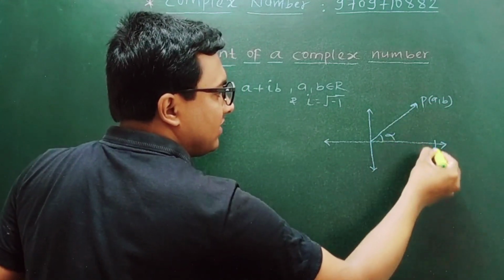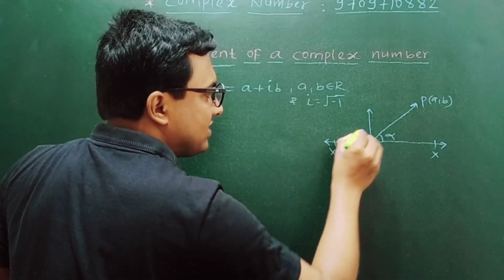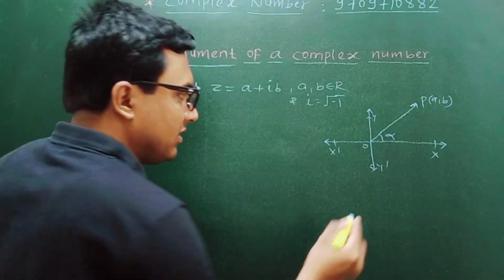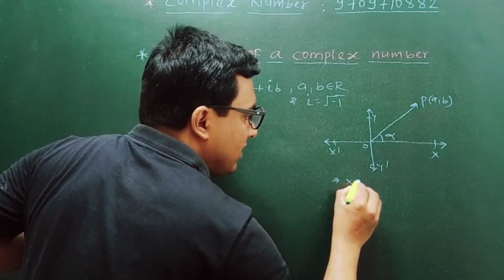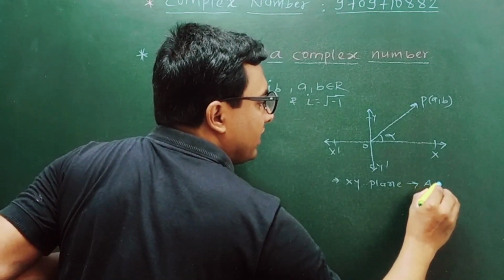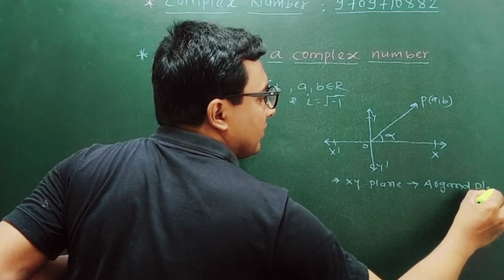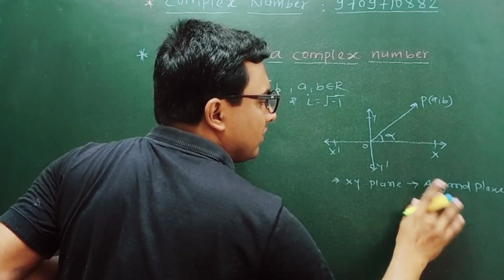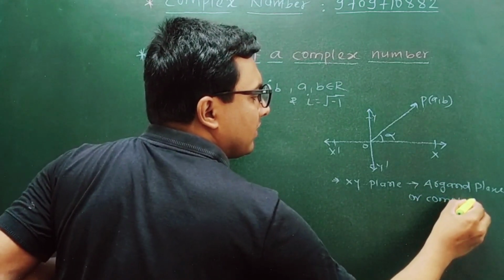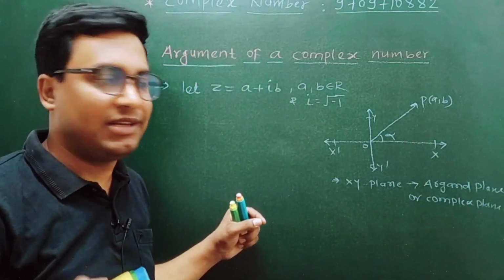Angle is alpha here, X O P, this is X dash Y dash. Some basic points here: the xy plane is known as the Argand plane or complex plane.